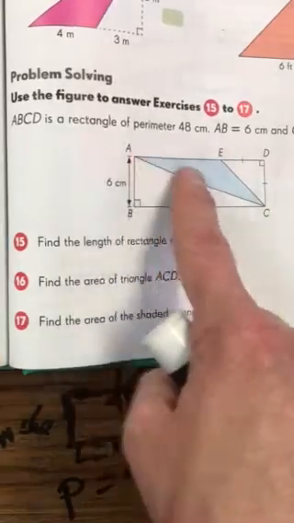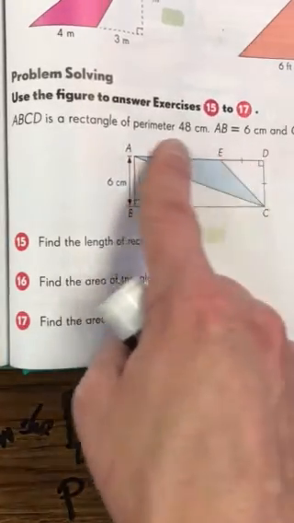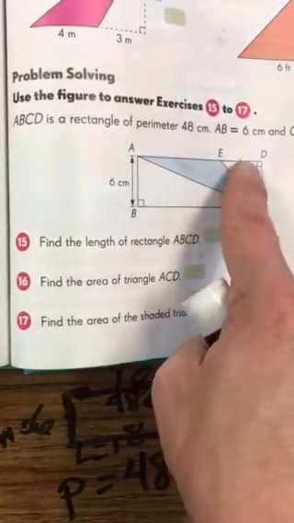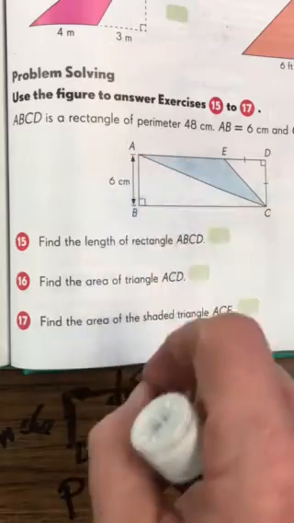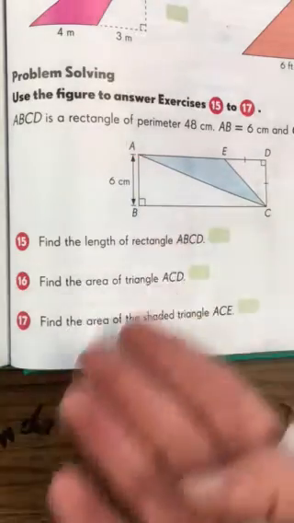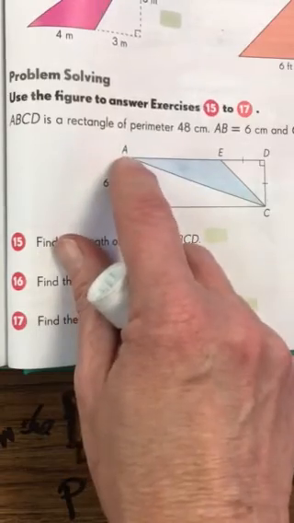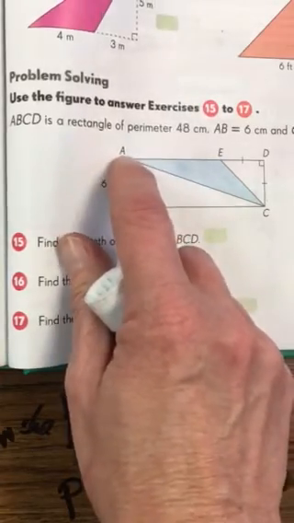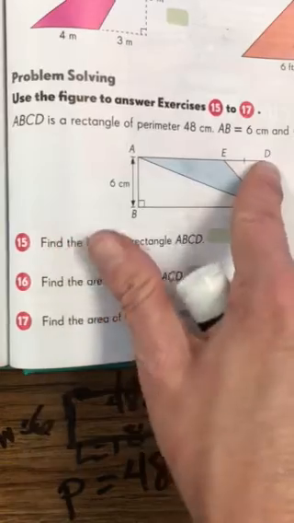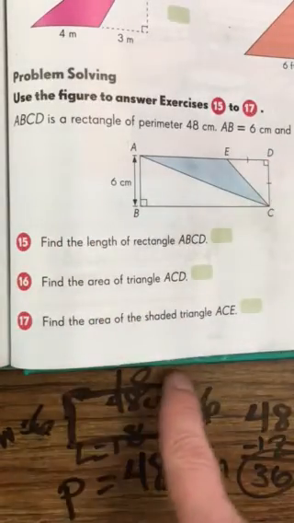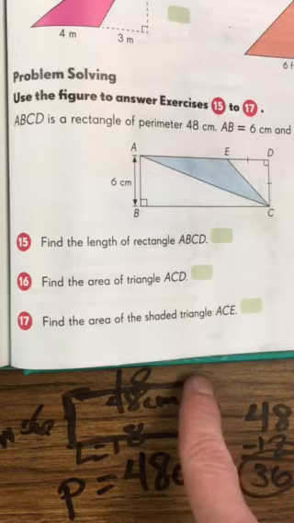Well, if we're talking about ACD, which would include this little white bit here, we need to know what the base is. And again, using our deductive skills, we're going to claim that I do know the length from line A all the way to line D. Well, we already said in our perimeter that this length is 18.